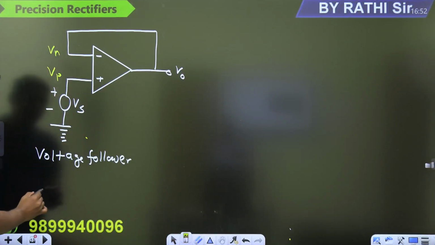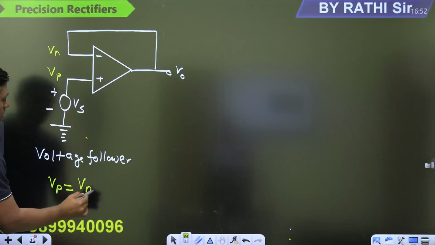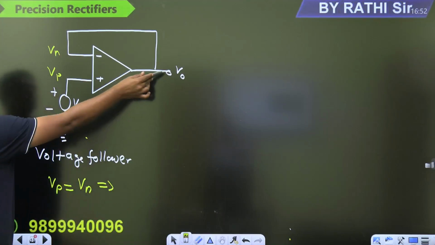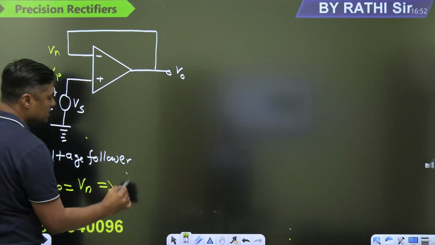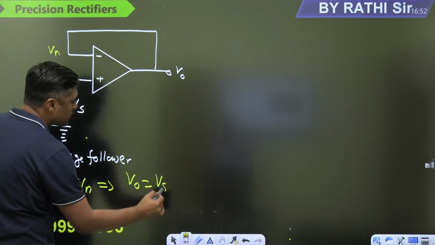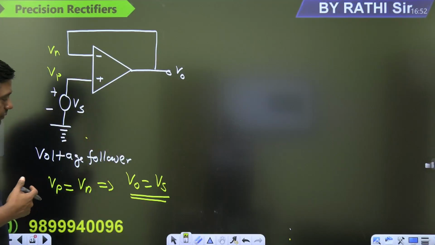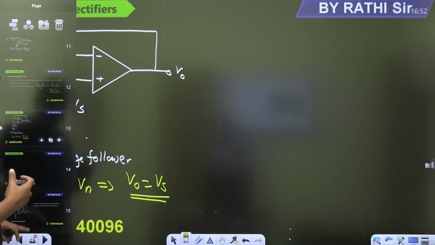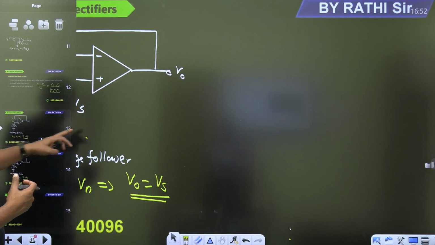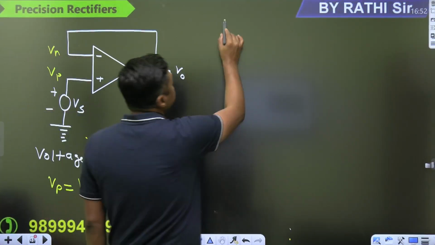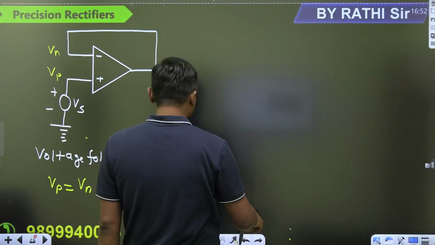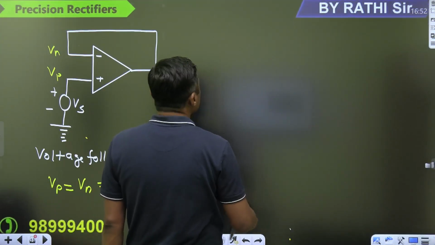According to the virtual short concept, Vp is equal to Vn. That means Vn is V0 and Vp is Vs. You can say V0 is equal to Vs. The output is exactly a replica of the input. When the output is exactly a replica of the input, what is the closed loop gain? 1.